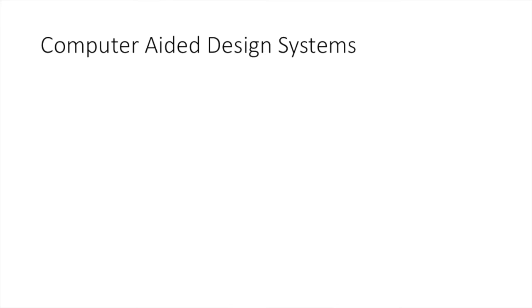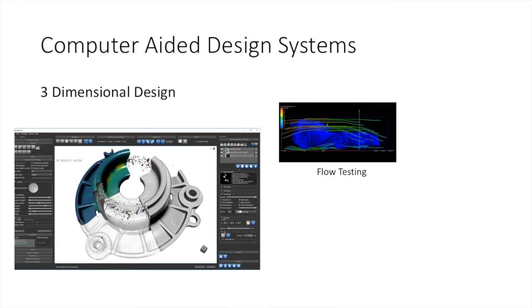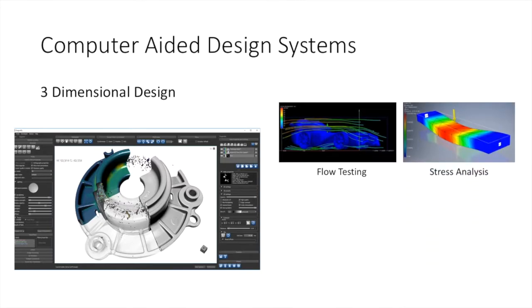Two other design systems are the third-dimensional design systems, where we use software that incorporates the depth of a product rather than just the plan view. So we can use flow testing, which is either a liquid or a gas that will travel over a product that we looked at earlier.